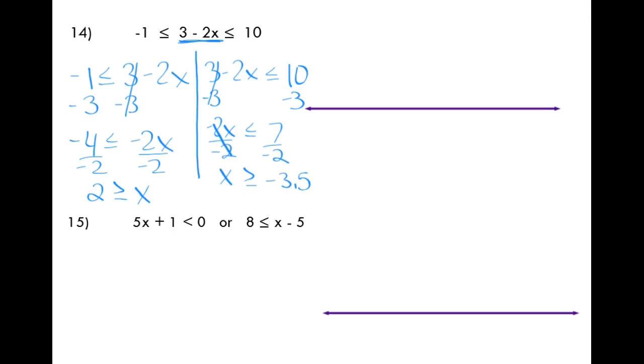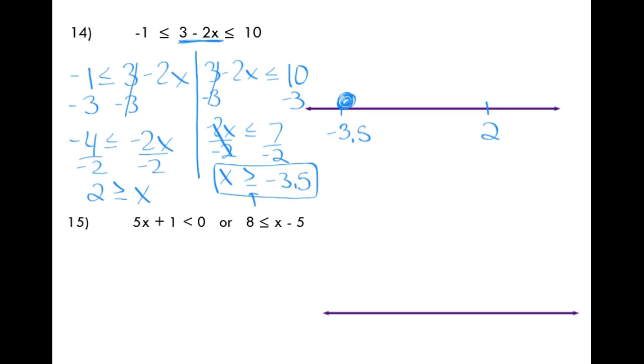Alright, so which is smaller? -3.5 and 2 over here. So now I'm either going to fill in the middle or point them in opposite directions. The one on the right here says x is greater than, so I want to go higher than -3.5, and it's also an "or equals to," so I fill in the dot.